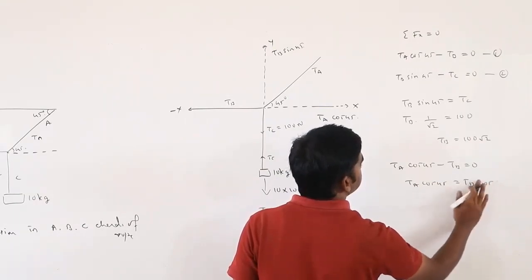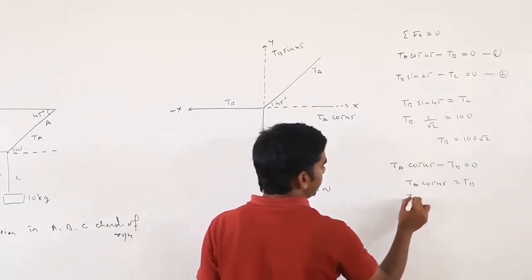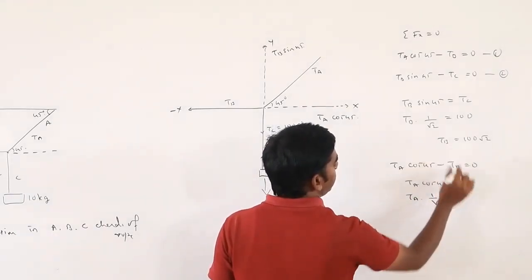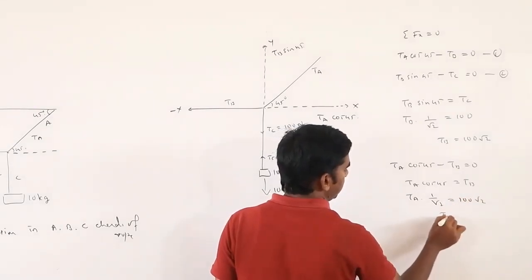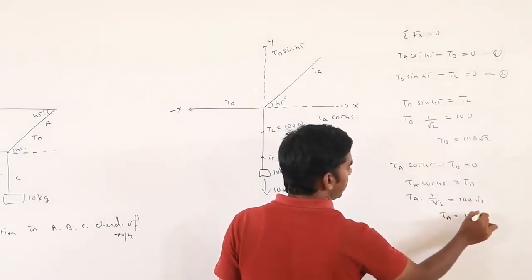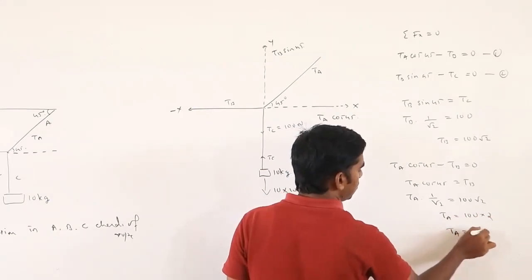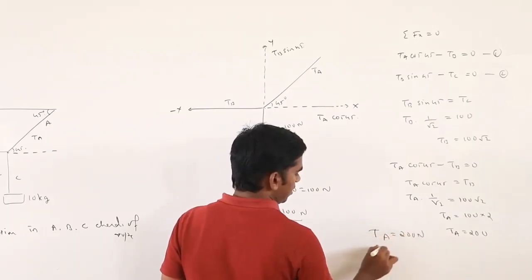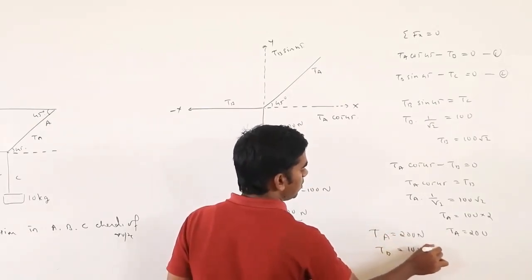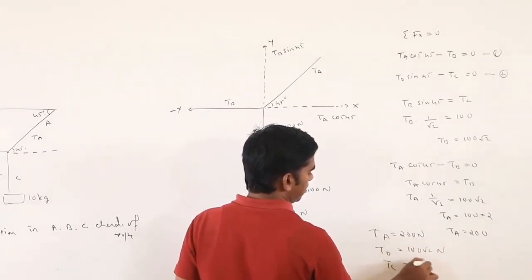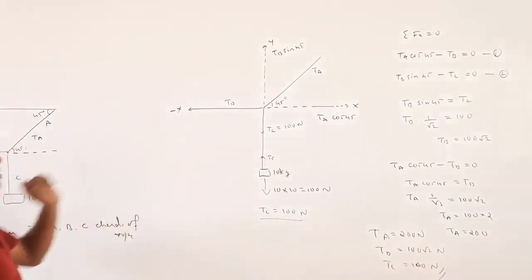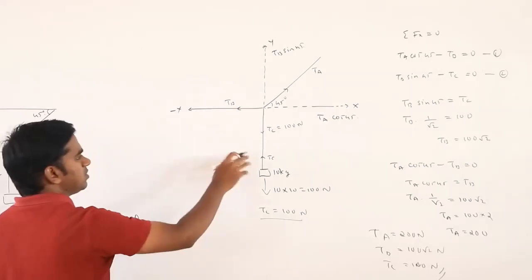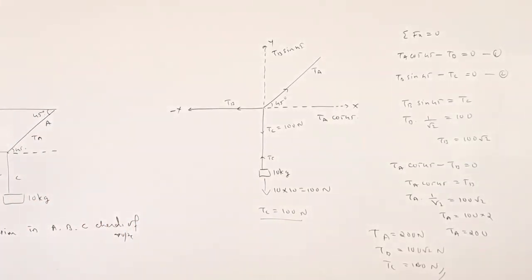Cos 45 is 1 by root 2, and TB is 100 root 2. So TA equals 100 root 2 times root 2, which is 200. So you got TA equals 200 Newton, TB equals 100 root 2 Newton, and TC equals 100 Newton. These are the tensions in the three cords. Like this you can find the tension values.